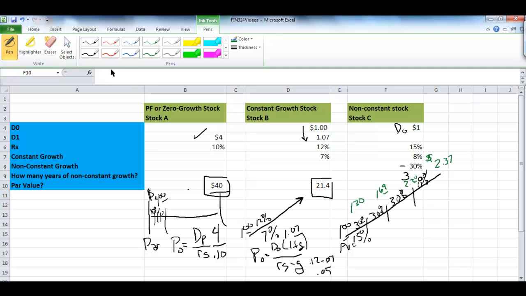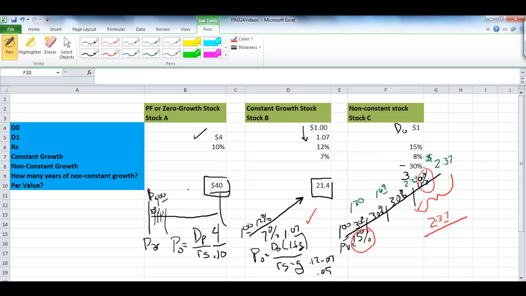Now something is interesting here, because if we eliminate all of this and just look at this last period, it's actually just like this model here. So if I take, and we'll just consider this first dividend after it goes constant as D1, if I take the 2.37 and divide it by the RS minus the growth, I can find out the stock's value here, the terminal value as we call it.